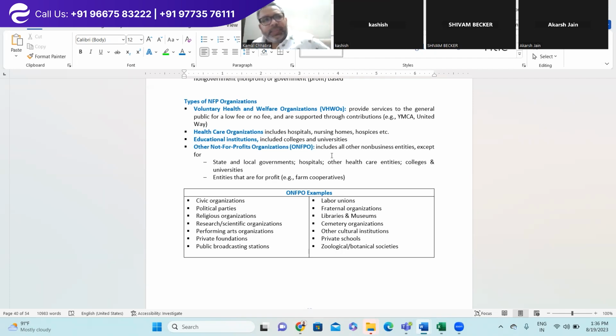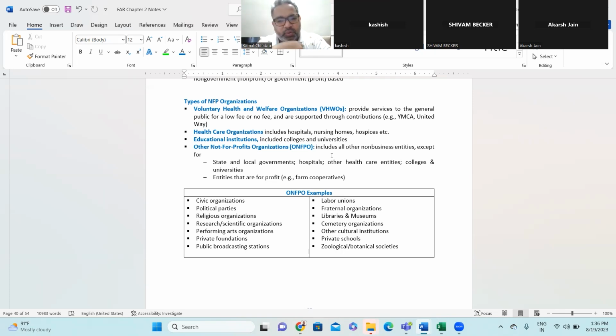FICCI, ASSOCHAM, CII, they all are not for profit organizations, right? Private foundations, like the Bill and Melinda Gates Foundation, public broadcasting stations like radio stations, labor unions, funeral organizations, libraries, museums, cemetery organizations, other cultural institutes, private schools, or geological or botanical park societies. Those are examples of other not-for-profit organizations.